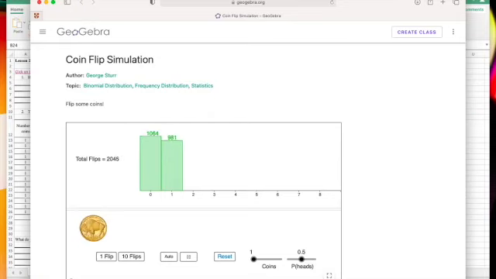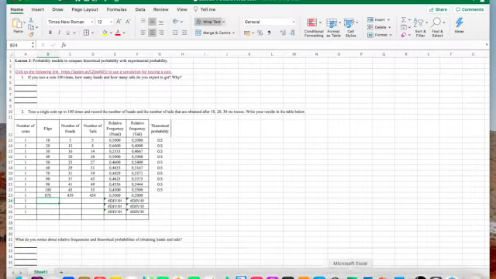I would like to stop here and record what I see now. I can see 2,110 tosses altogether, 1,097 heads, and 1,013 tails. I just want to enter that for my record.